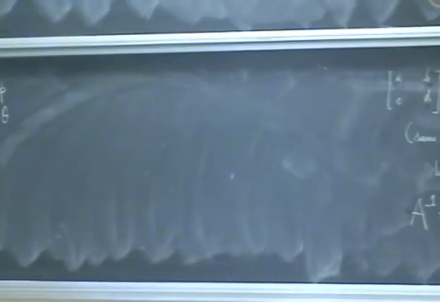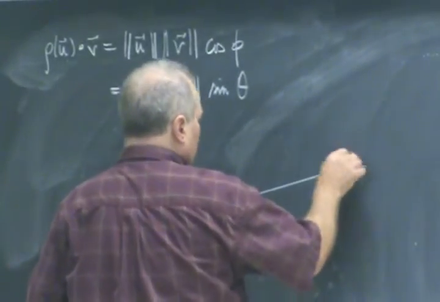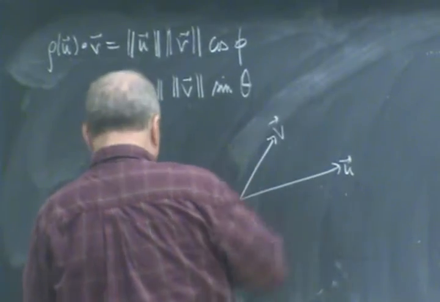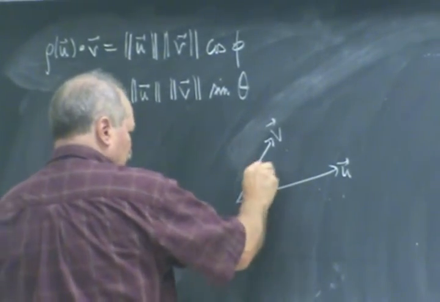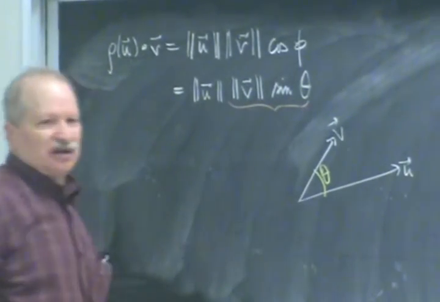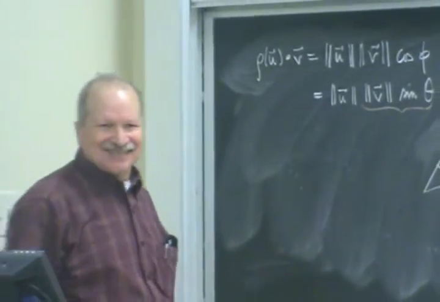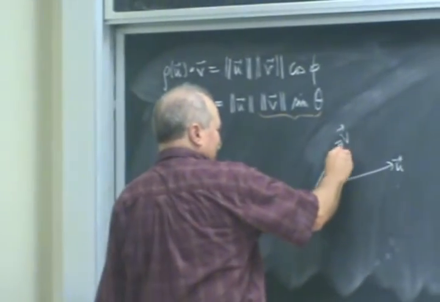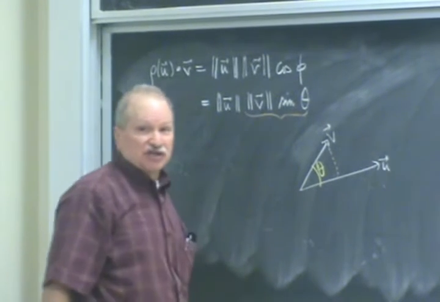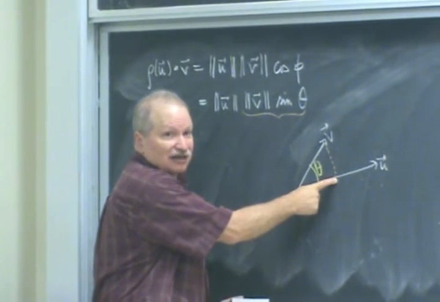Anybody remember a geometric interpretation of this? Where's magnitude v sine theta in this picture? It's not the projection; this is the projection, the cosine component.